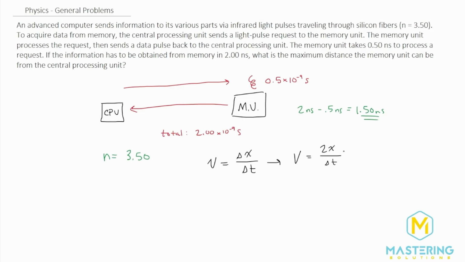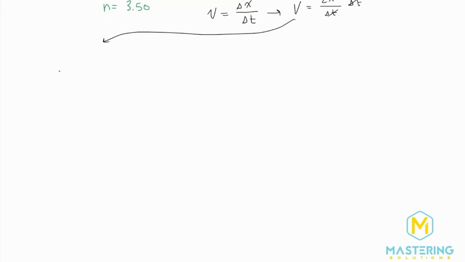Let's first multiply both sides of the equation by delta t. Now we have the velocity times the change in time is equal to 2 times the change in distance. I'm going to put 2 times x just so you don't get confused, since the total distance is delta x.